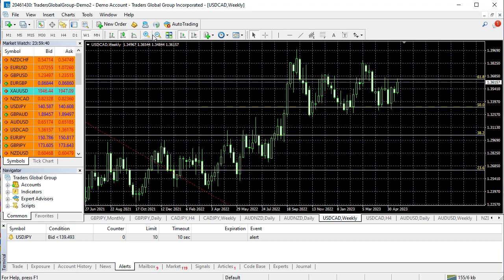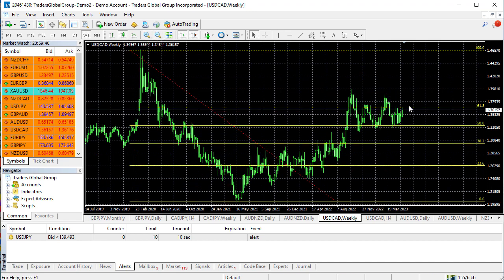So on the weekly chart, okay, let me just come down first. You can see the 61 level, the 50 level. So it has just basically been ranging on the weekly chart, going between that 61 level and 50 level, just bouncing through the two of them. Although, if we put some lines there, we may see something like this.